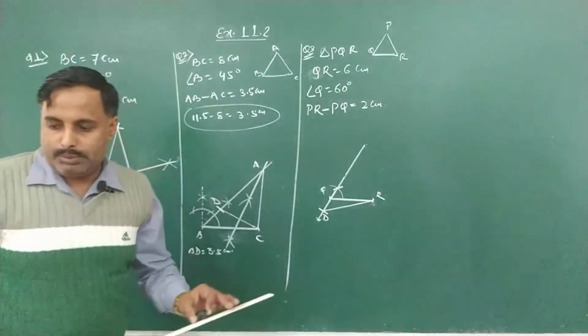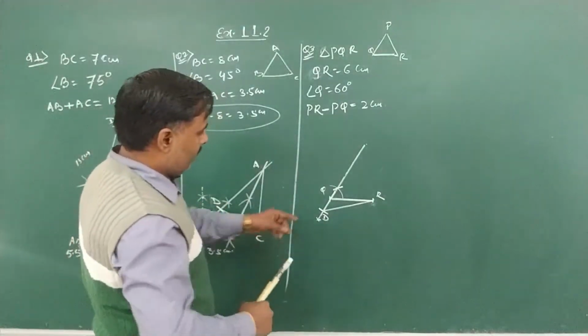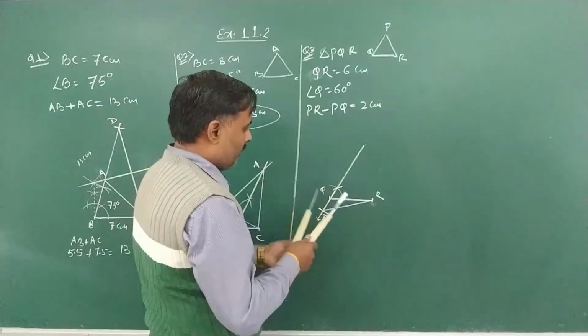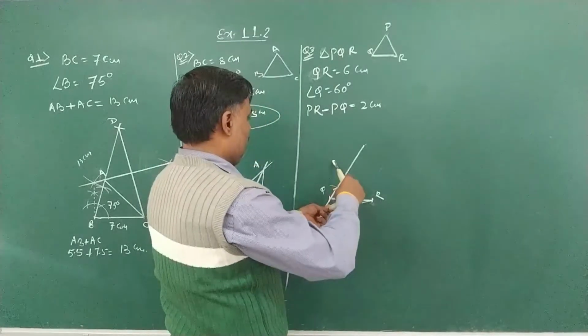And when you draw the perpendicular bisector of RD, that perpendicular bisector intersects QD somewhere, and that is your point P. Now draw the perpendicular bisector of RD. I'm taking it more than half.